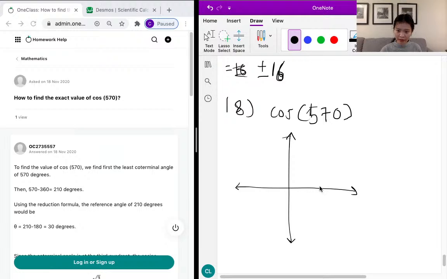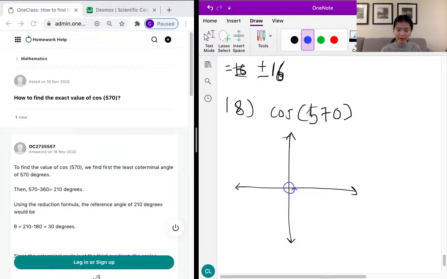So we know we start the count from this axis over here, and we also know that the angle of going around a circle is 360 degrees or 2 pi radians. So this is 360 degrees.